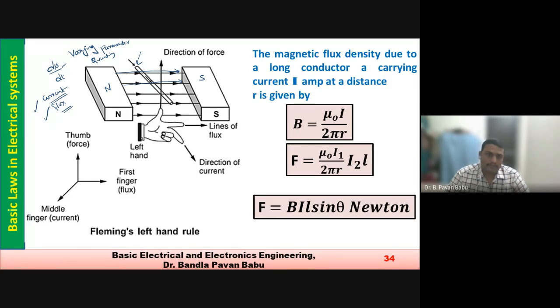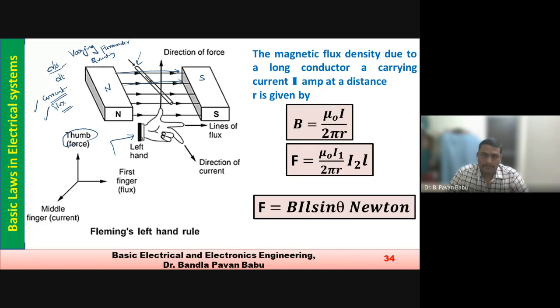Let me show you this diagram. This is the hand; consider this the left hand. The thumb indicates the direction of force. What is the force here? It is the conductor which is going to move, so the force represents the direction of motion of the conductor.